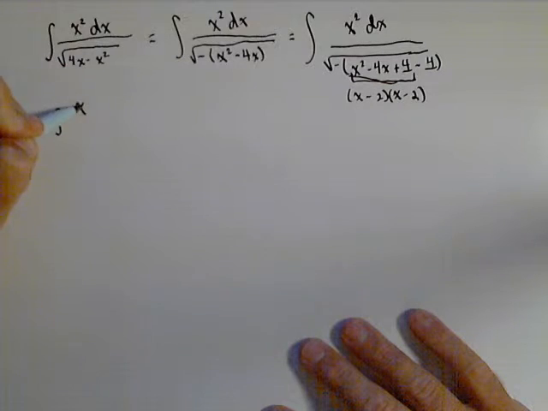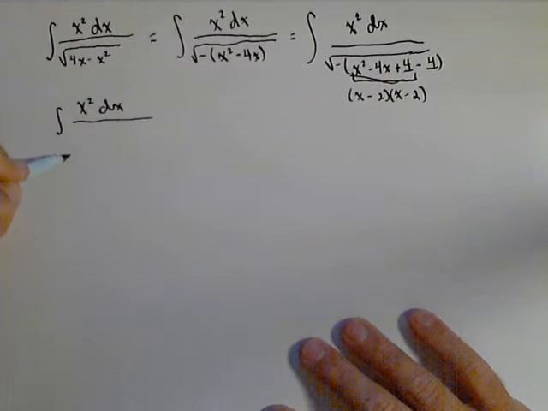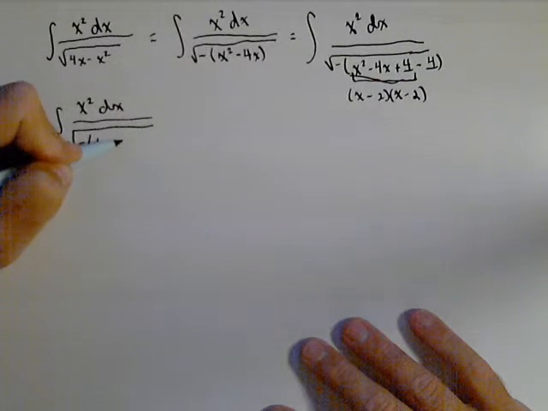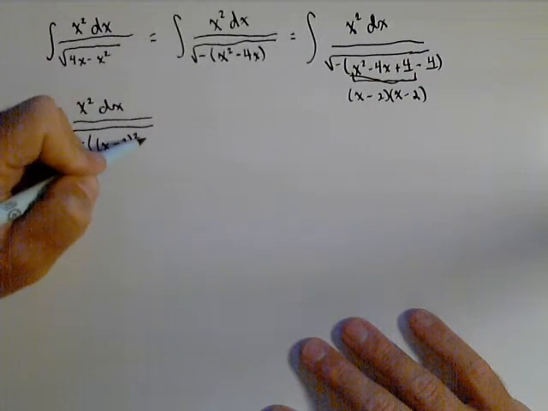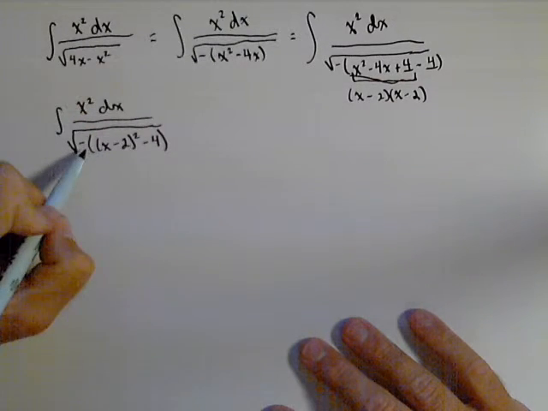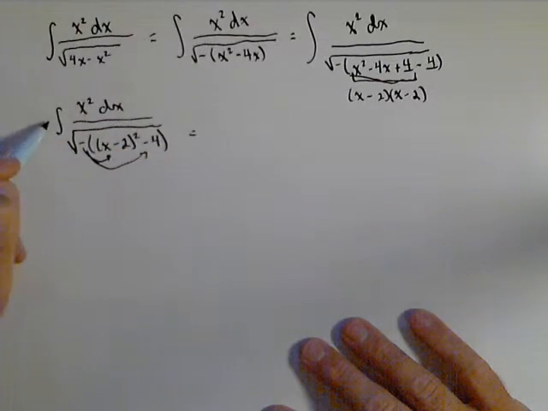So coming over here, we got x squared dx over the square root. We have the negative, we'll deal with that here in a second. Now that first part becomes x minus 2, the quantity squared, minus 4. Now, in order to identify our substitution, I am going to distribute this negative over the parentheses.